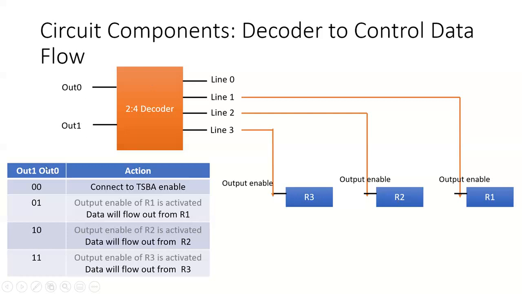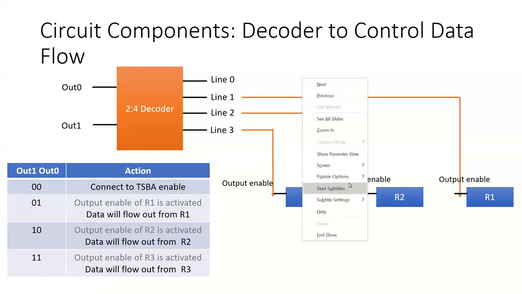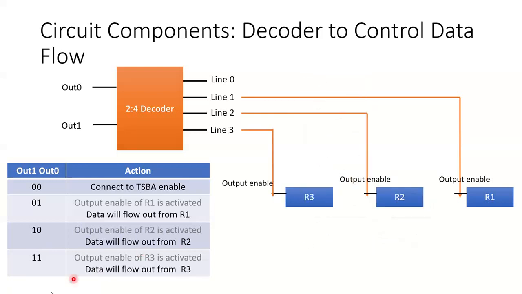So similarly, if your input to the out 0, out 1 is 2, which is 1, 0, the data will flow out from register 2. If the input to out 1 out 0 is 3, which is 1, 1, then the data will flow out from register 3.